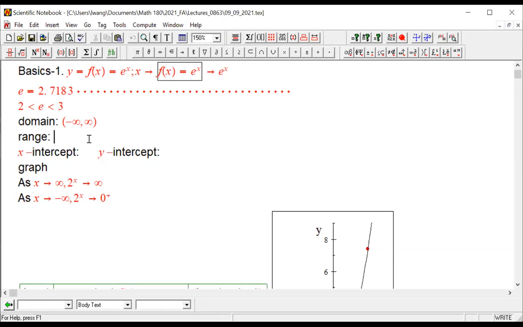Wouldn't the range be like, since you can't go beneath 0, it would be like 0 to infinity? That's right. From 0 to infinity. Very good. And Wilbur said e to the power x is larger than 0. E to the power x is greater than 0. Perfect answer.